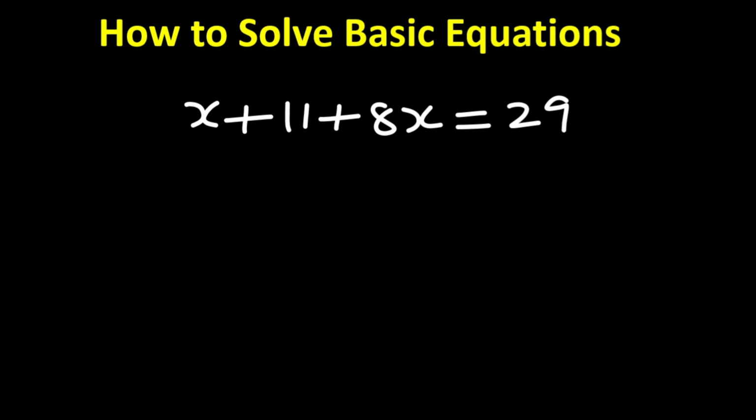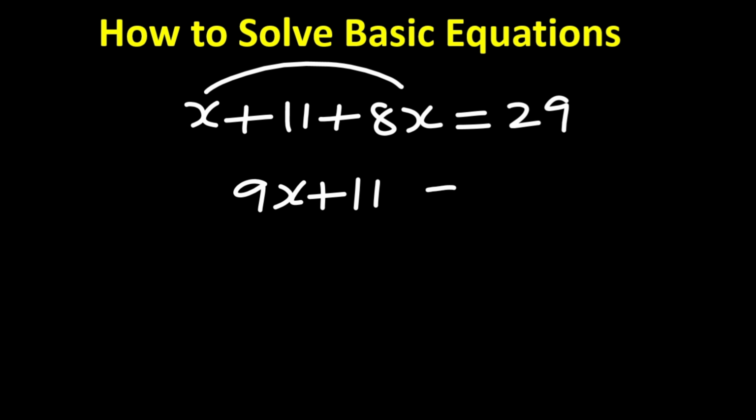Here, to find the value of x, the first step, we combine these both x terms. As we have x and then we have 8x, let's combine them. x is basically 1x. So 1x added to 8x becomes 9x plus 11, that should be equal to 29.